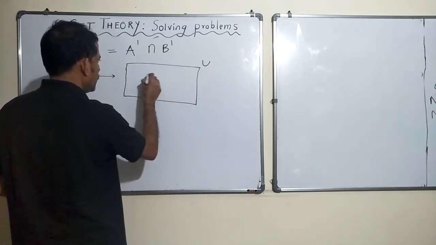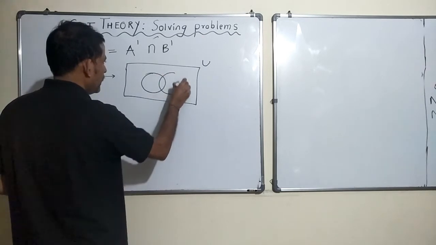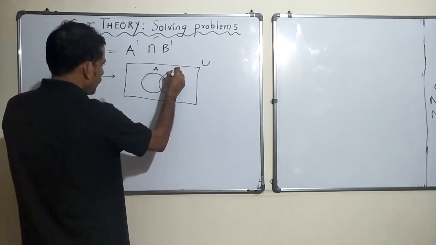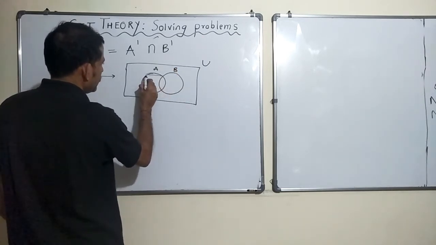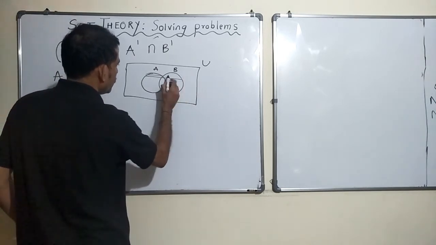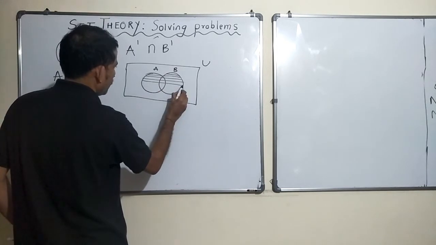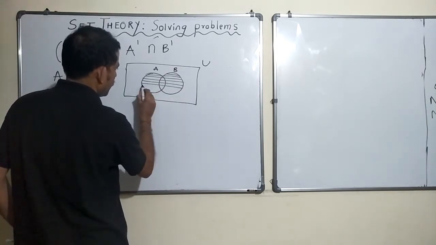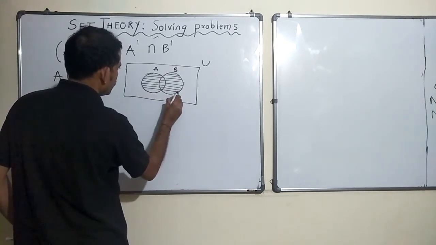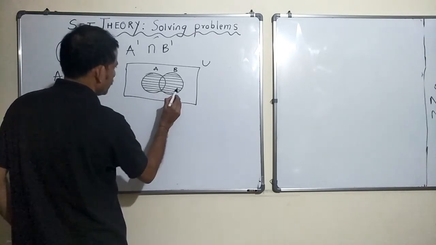Universal set A, B. Okay. This is A union B. Let me shade it. This is what represents A union B.